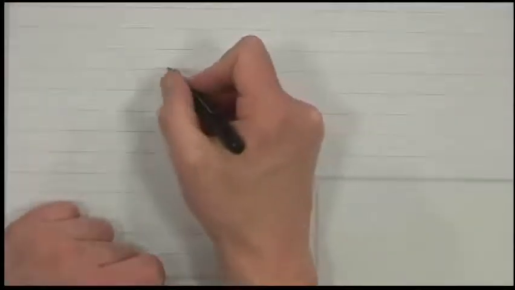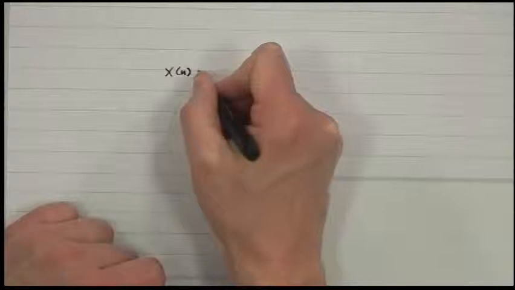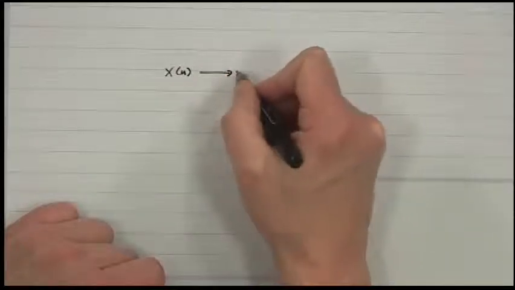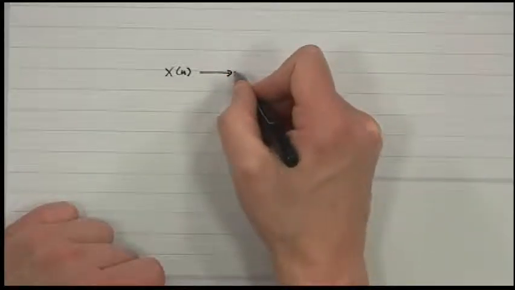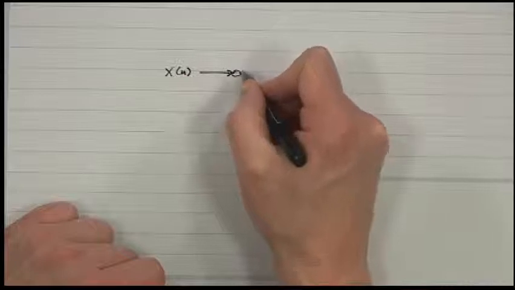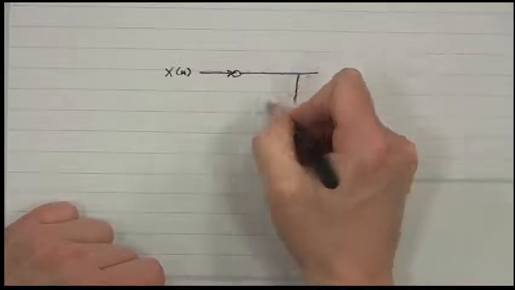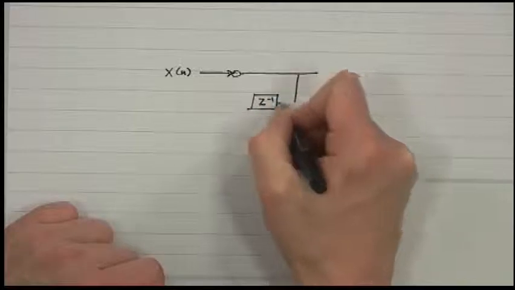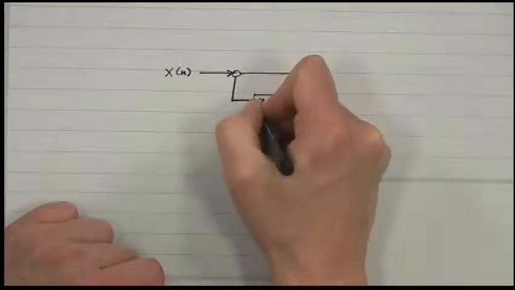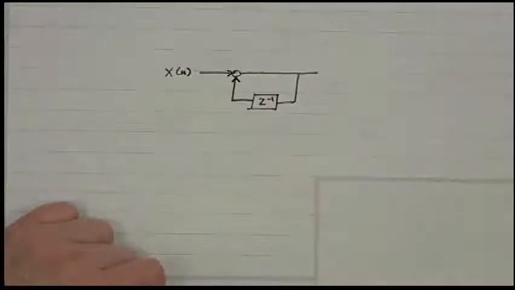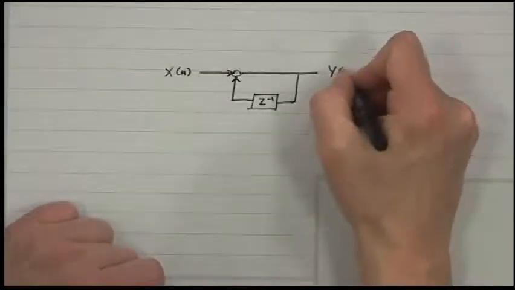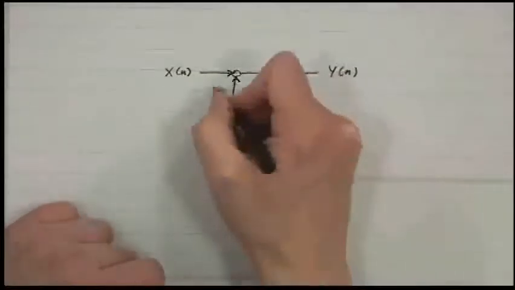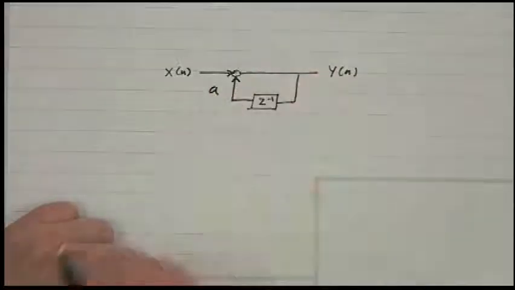I mean, you saw that in the lab, that let's say you have a system like this in 1D. You have x of n like this. This is z to minus 1. And this is a, right?